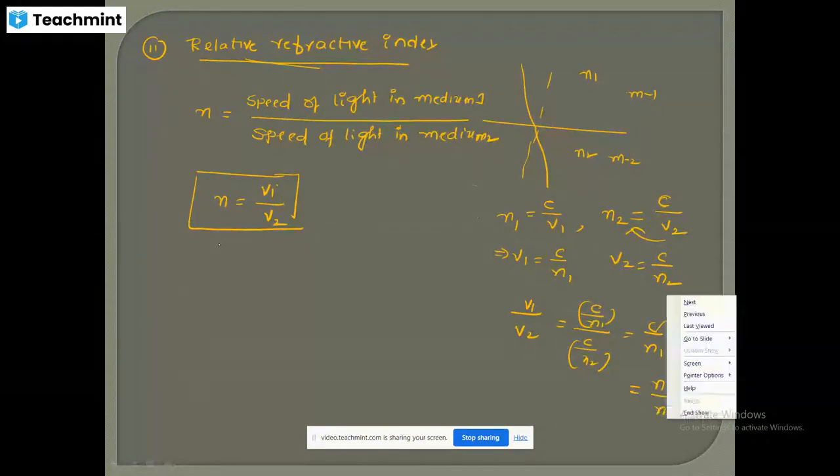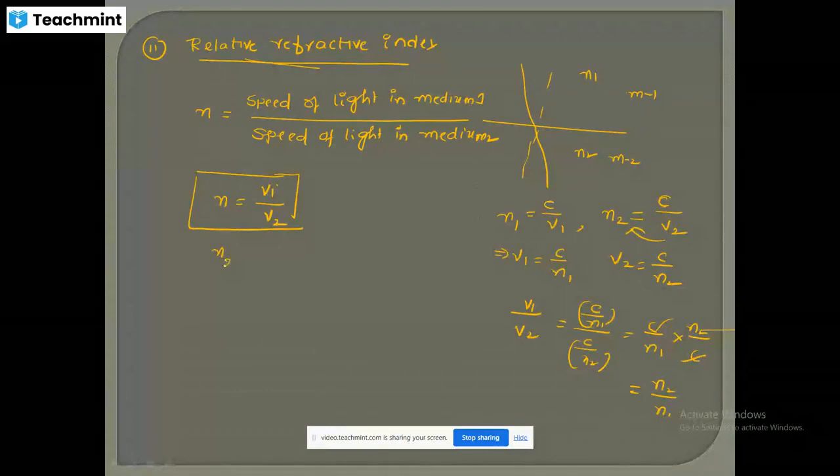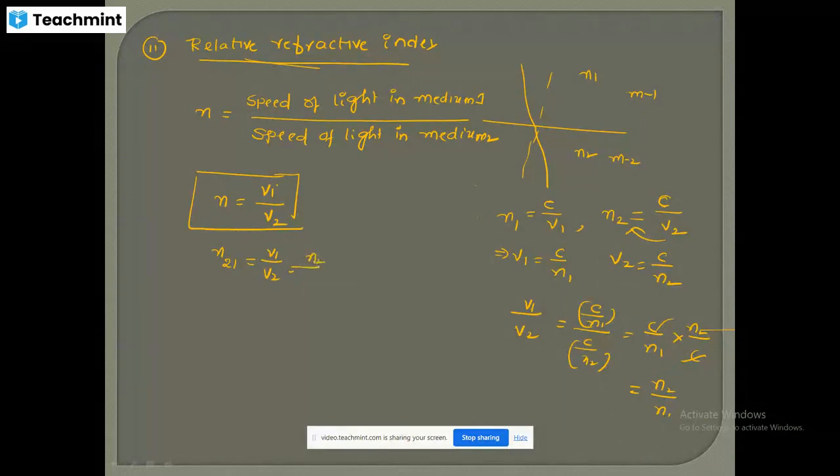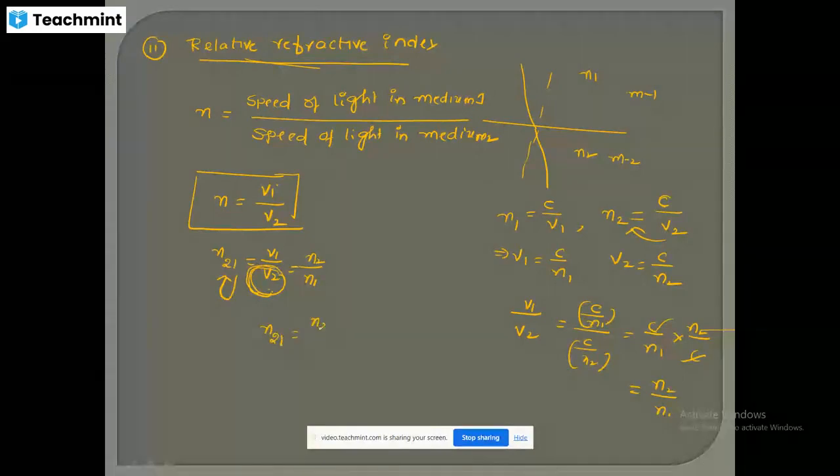So from this I can write that the refractive index of the second medium with respect to the first medium is equal to v1 by v2 or n2 by n1. Here light is traveling from the first medium to the second medium, but the denominator value always indicates the first medium, so n21 is equal to n2 by n1.